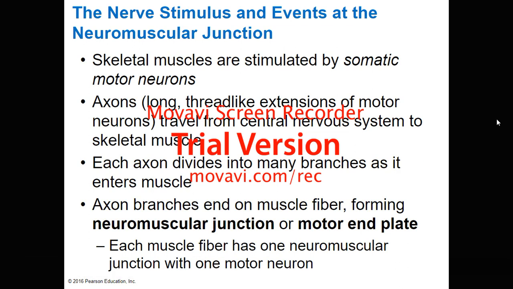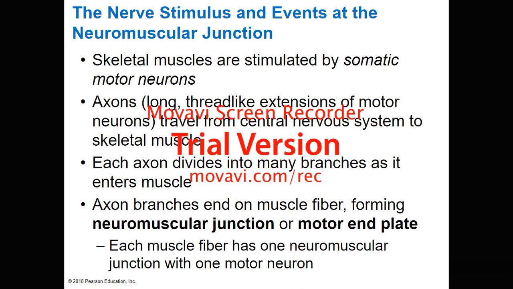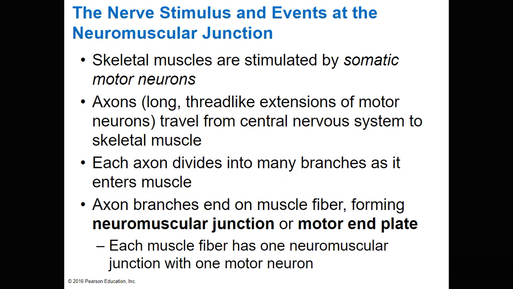Okay, the nerve stimulus and events at the neuromuscular junction. So again, we're going to look at a figure of the neuromuscular junction, but remember that you have a motor neuron, and the axon is where the signal goes down the motor neuron, and the axon is going to end at a neuromuscular junction.